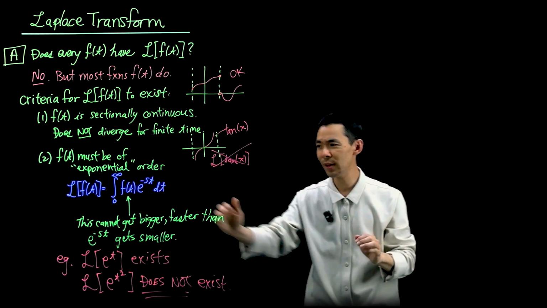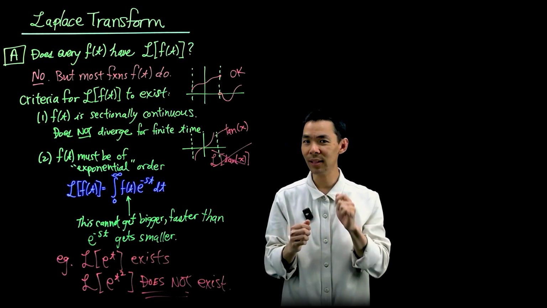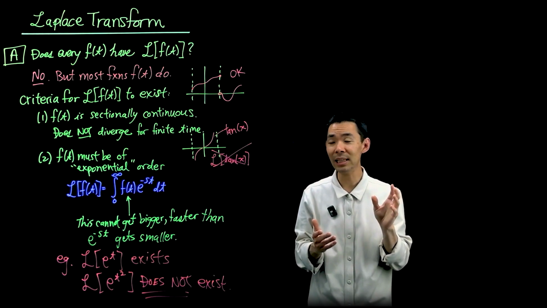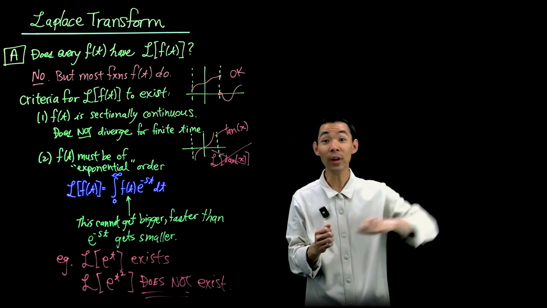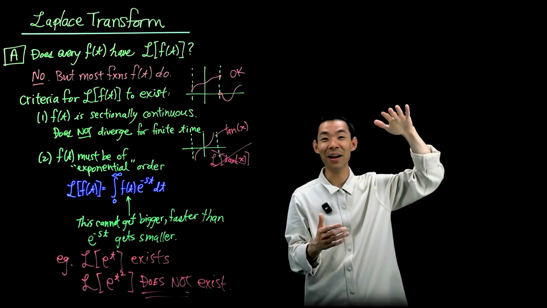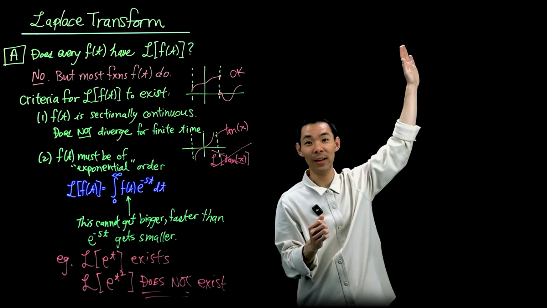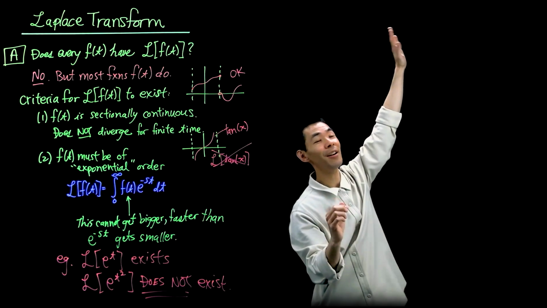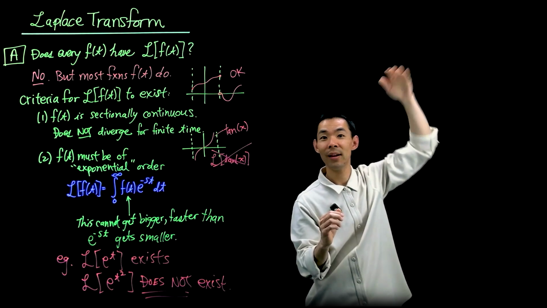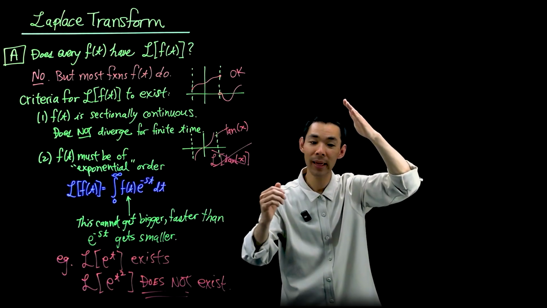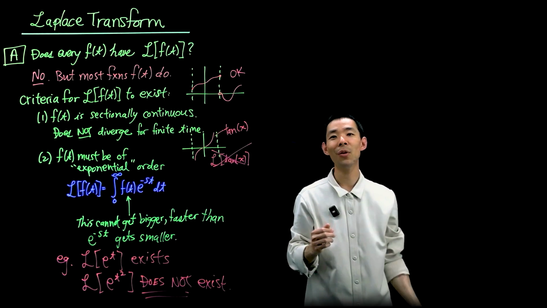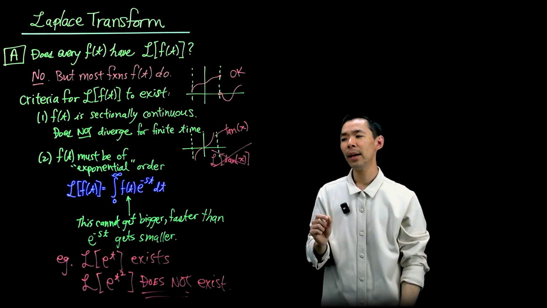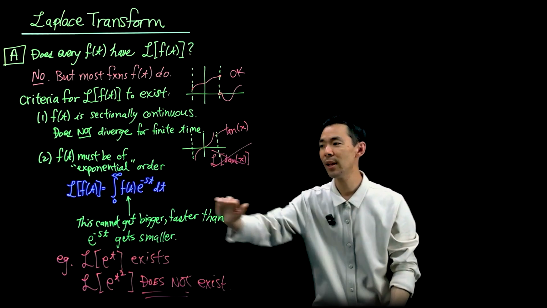If you try to multiply it by e to the negative constant times t and integrate from 0 to infinity, you'll get infinity, because the area under the curve is just going to diverge out to infinity. So the function you want can't grow faster than the thing you're multiplying by that is dampening your function. I hope you get that. It's a subtle point, but it has to do with the convergence of your integral.